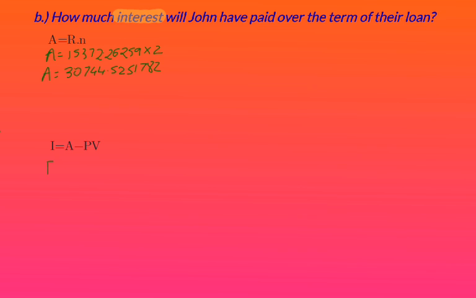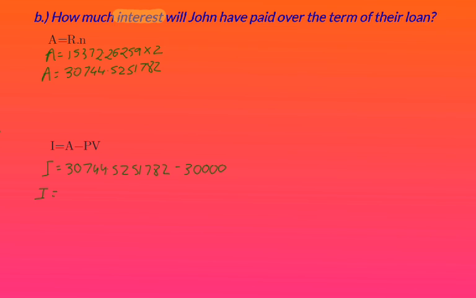So I equals 30,744.5251782 minus 30,000. That is the present value.